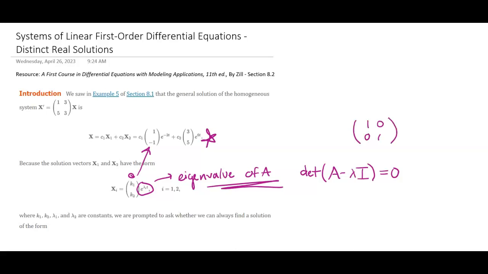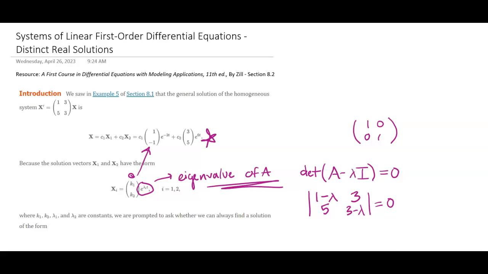In this case, for our A, we're going to look at where 1 minus lambda times 3 minus lambda, minus 3 times 5, is equal to 0. Those are going to find you your lambdas that become part of your solution.